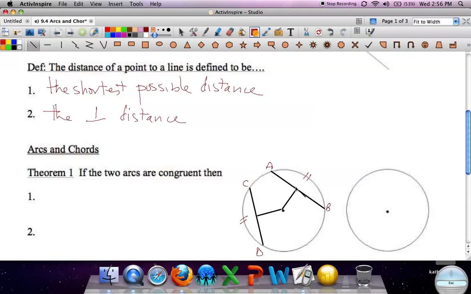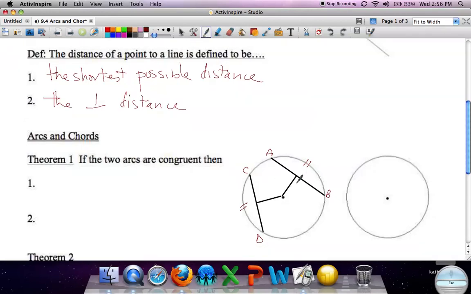And we know that those are the perpendicular distances. So, what do you think that means in the construct of this picture? What do you think that means if I call this E, F, and let's call this circle X?